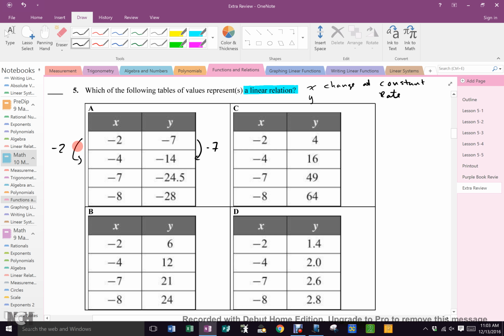Now what does that mean? Well, if it was -2 and -7, then it would be -1 and -3.5, right? So this one went down by -3, so this would have to go down by -10.5, which it did. This went down by -1, so this would have to go down by 3.5, which it did. So A is linear.